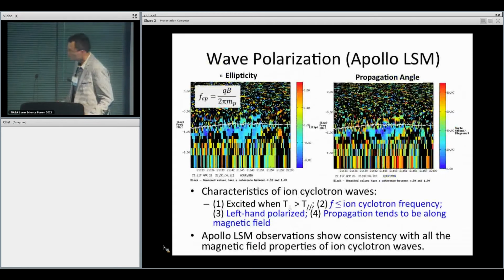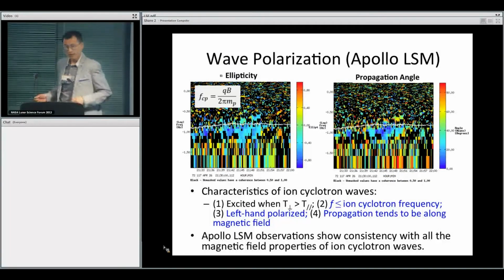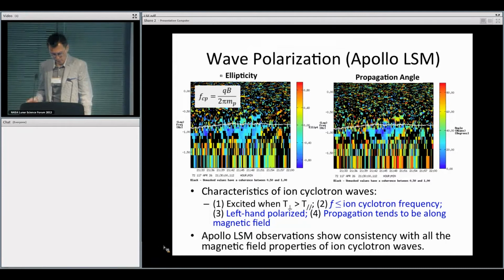First of all, we want to understand what kinds of waves we're seeing in the Apollo LSM data. So we look at the polarization of the waves, and we show the spectrograms of the ellipticity and propagation angle. The reason is that we suspect they are ion cyclotron waves, and ion cyclotron waves have typical properties.